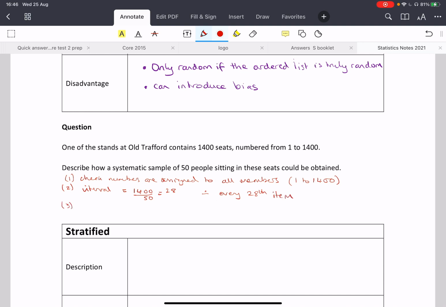Now 3, our starting point. We're going to randomly generate a number between 1 and 28, and then take every 28th.